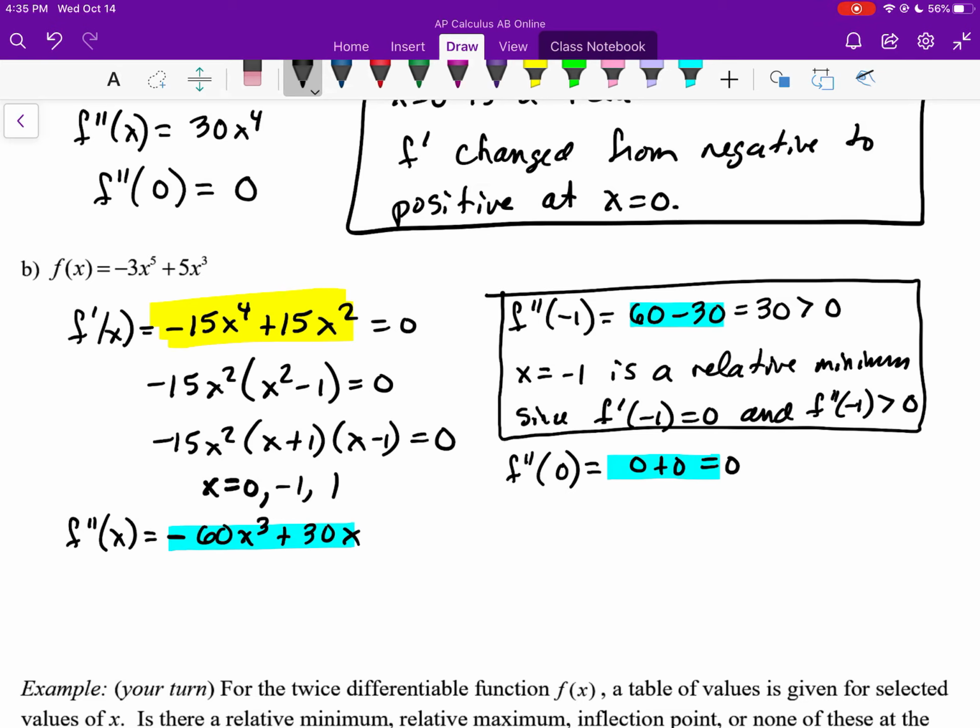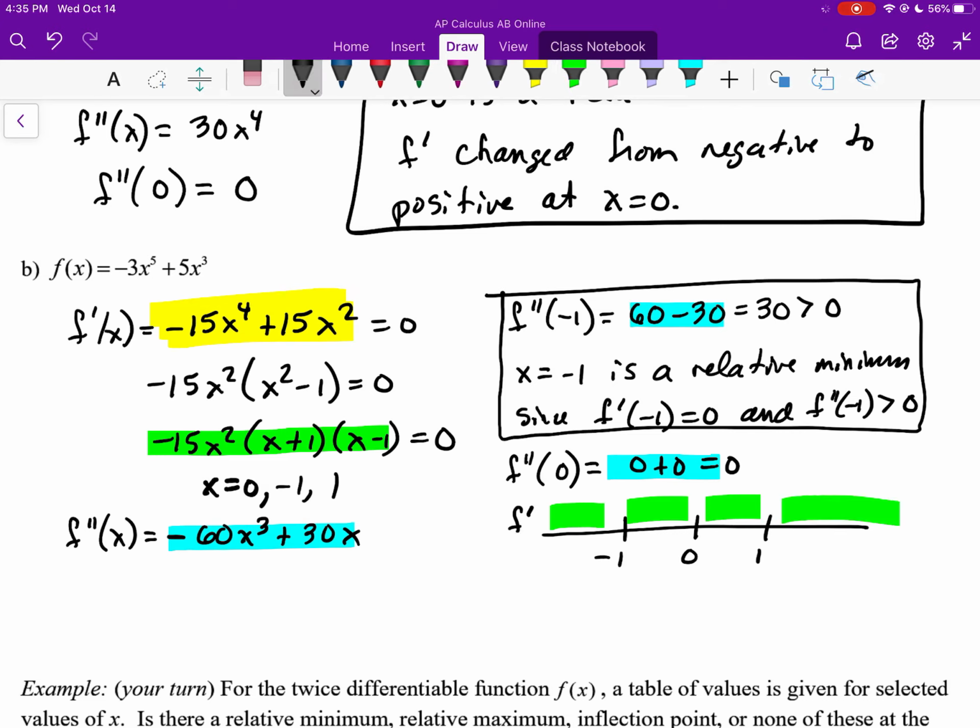And so if I want to analyze my first derivative, I have negative 1, I have 0, I have 1. This is the easiest one to analyze.